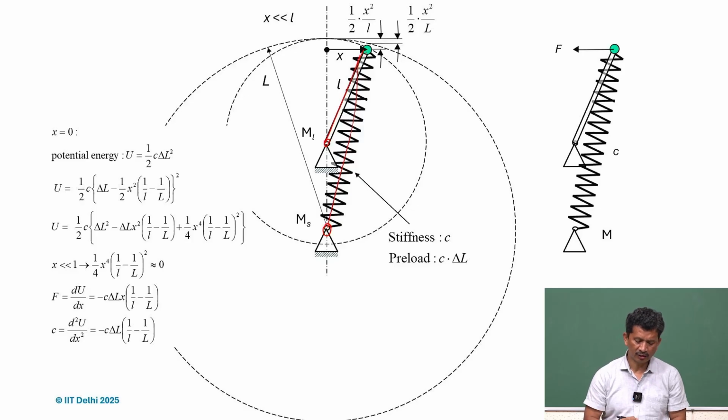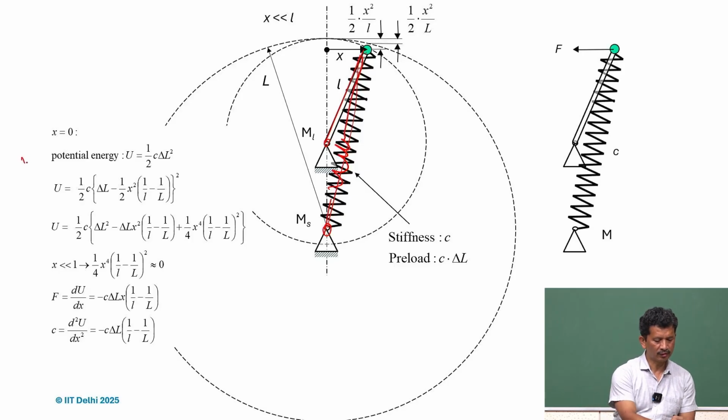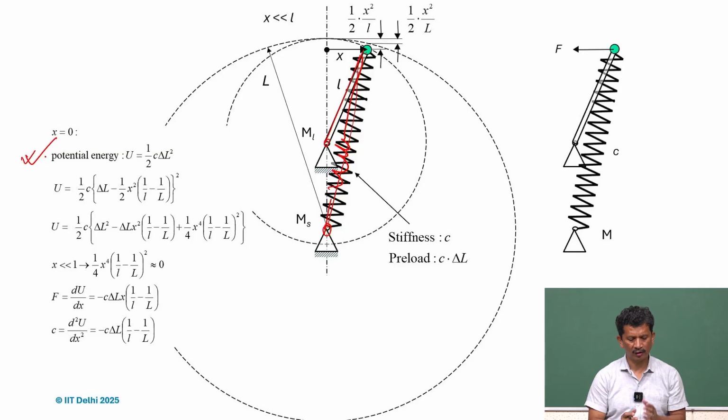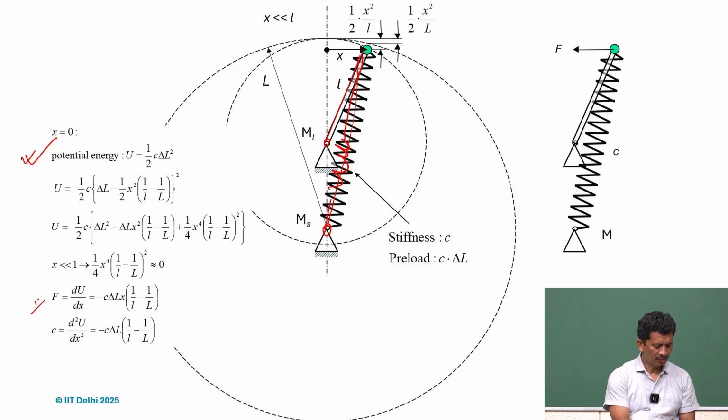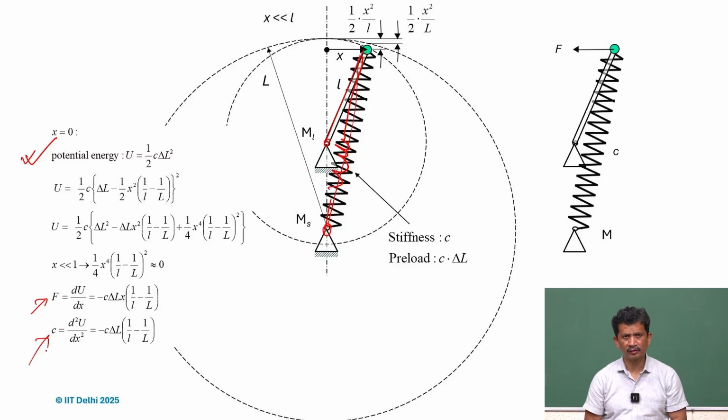These kinds of mechanisms we can easily analyze using the potential energy concept, and we can write all the equations: the potential energy stored in the spring with respect to the displacement, and of course the force and the stiffness we can calculate.